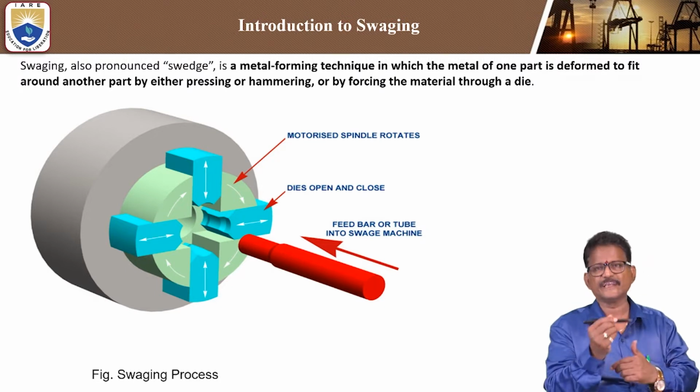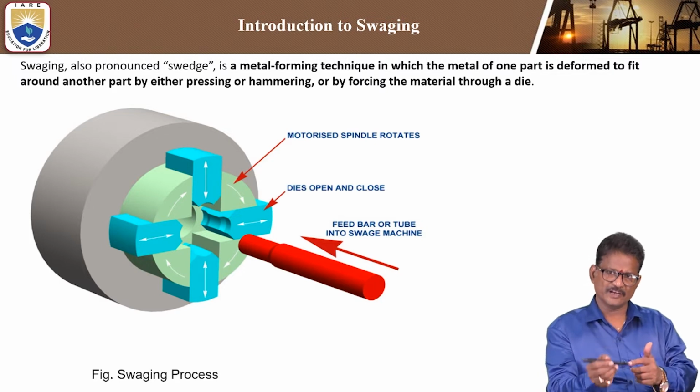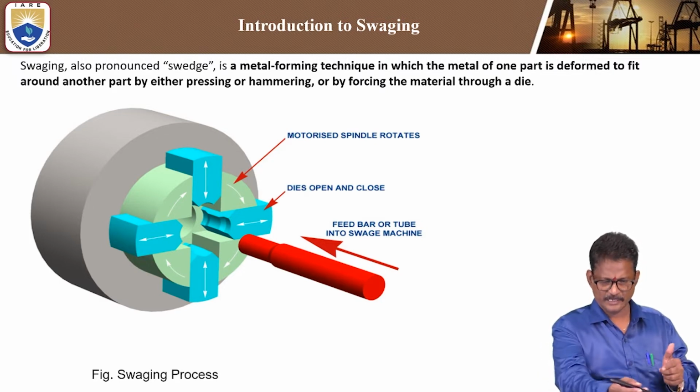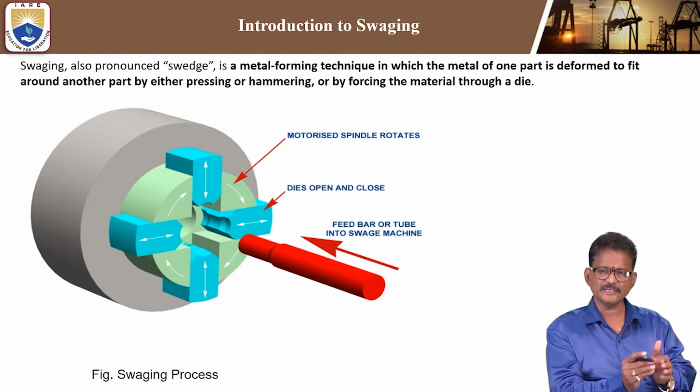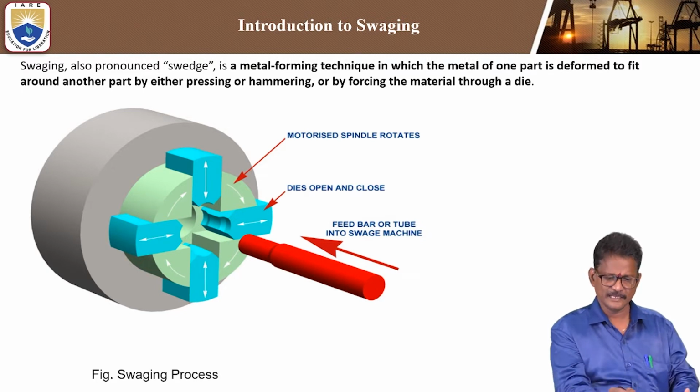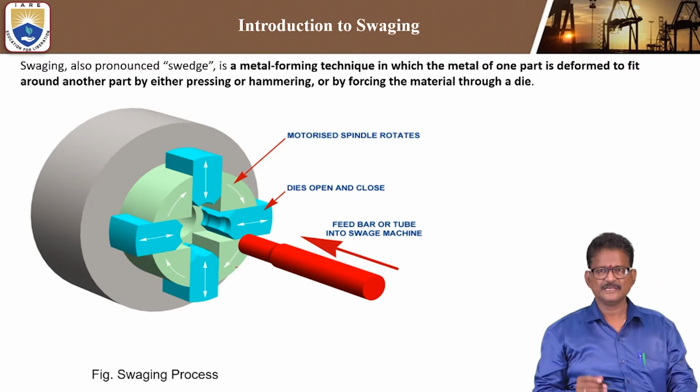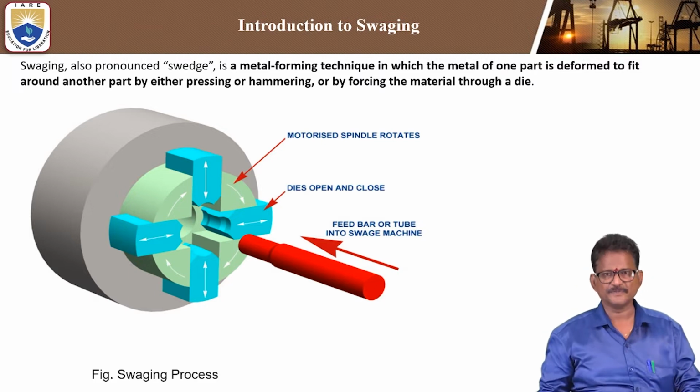The spindle rotates, and the workpiece is kept in between, uniformly positioned horizontally and vertically, fixed in this spindle.